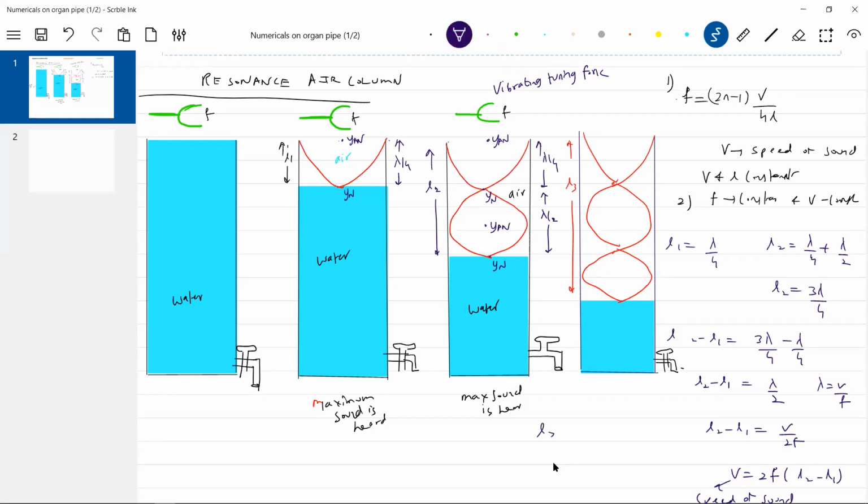I don't have space here, so I'll write it here: lambda by 4, lambda by 2, lambda by 2.